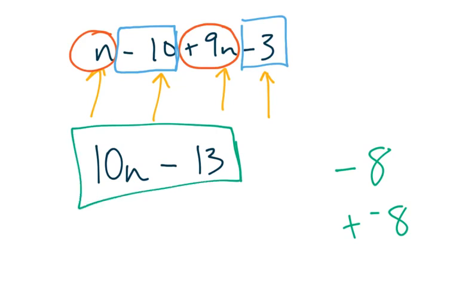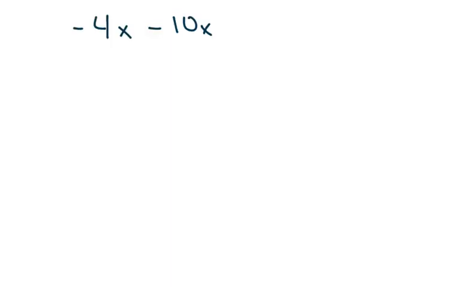And I think I have one more simpler example for you. Okay, so I have just 2 terms here. Negative 4x, and this is going to be a negative 10x. These are the same term. They're like terms. So we can combine them because they both have a variable, the same variable, and there's no exponent.